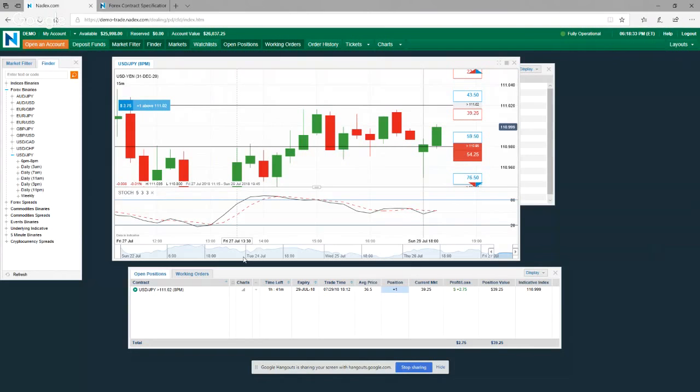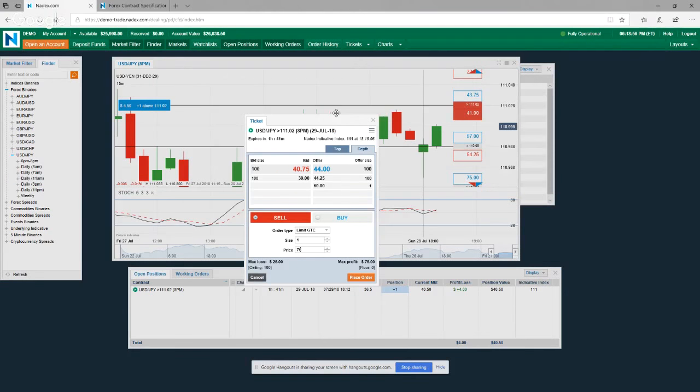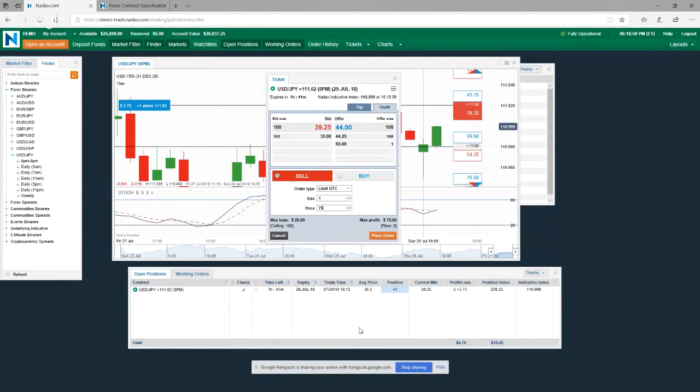Now you can also actually put in an order. For example, right now we have one order at 111.02. That's where we are in our trade. If I click on this blue square, then I can say, okay, if it moves to 75, then I want to exit. Now, I always make sure that under my open positions, you can see this is blue and it says +1.